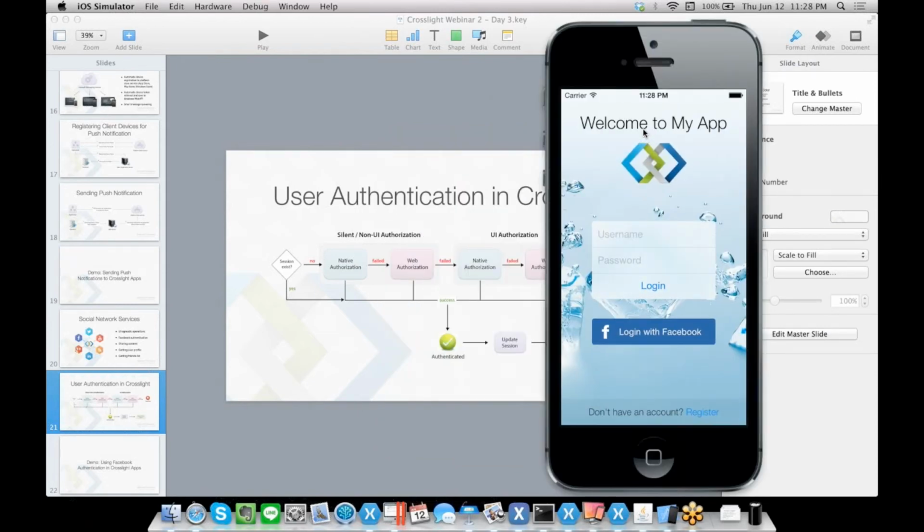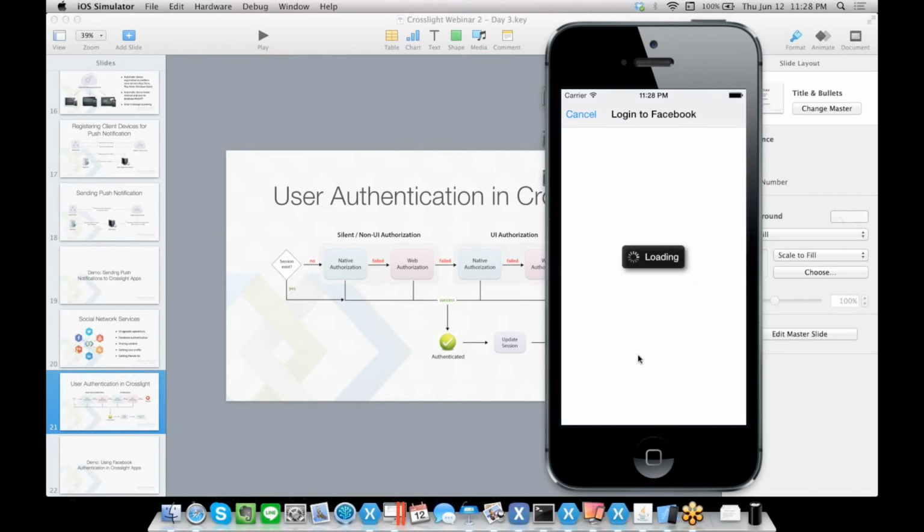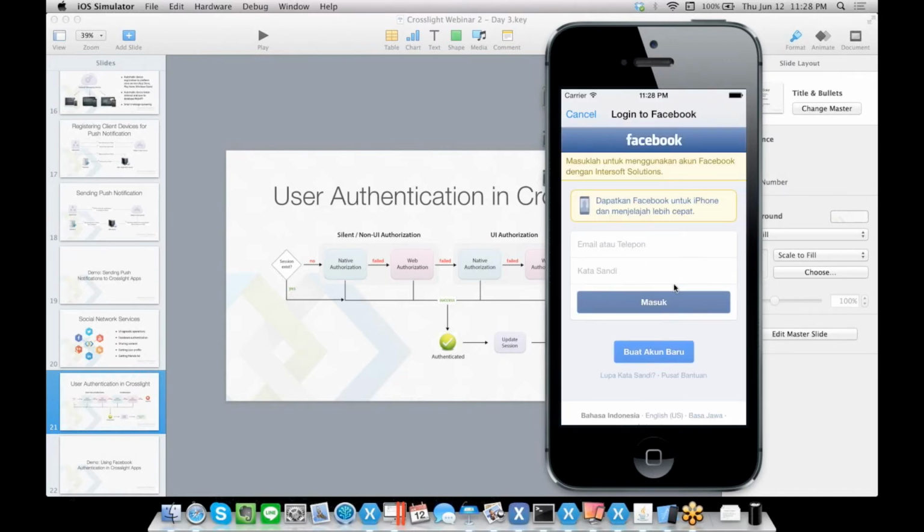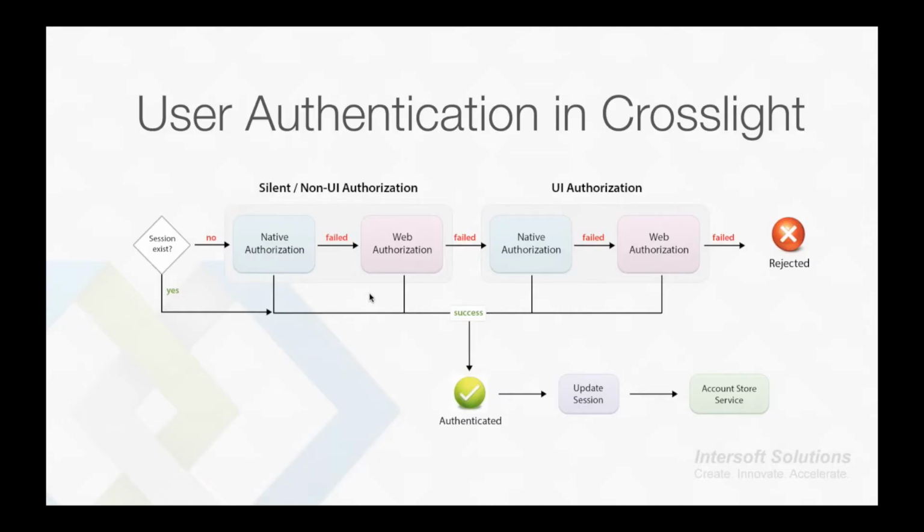If this is not available, like in the simulator, that's why it opens up a web view. If it is available, it will authenticate directly using the small pop-up. This is what I mean by the silent or non-UI authorization and the UI authorization. The UI authorization opens up the web view, but if the settings is available, then it will authenticate using the dialog box. Usually it says the app would like to access your Facebook account.